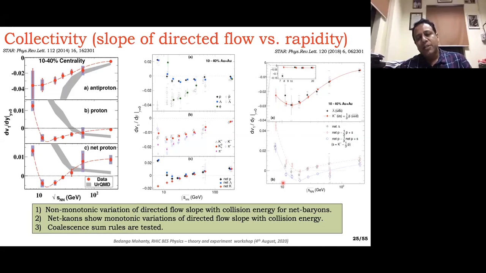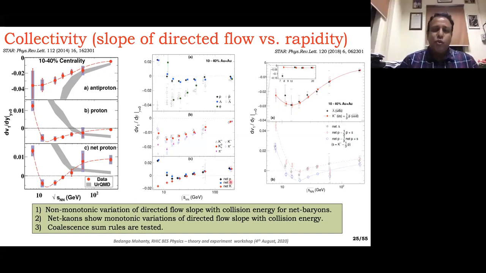One variant, comparing the red and the black, explains the higher energy part, but fails to explain the lower energy part. Another variant, increasing the contribution from the transported quarks, seems to explain the lower energy part better, and not so much the higher energy part. You have to compare the blue with the black.